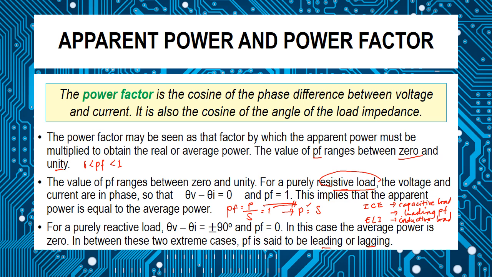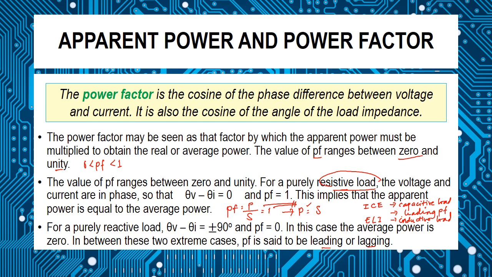If the power factor is leading, that means the current leads the voltage, and that only happens when our load is capacitive. Capacitive load, this is leading PF.